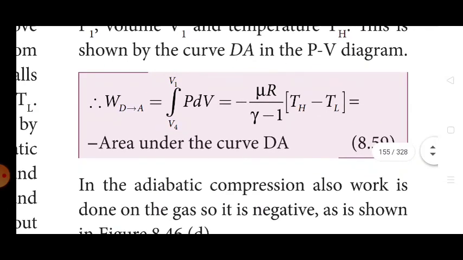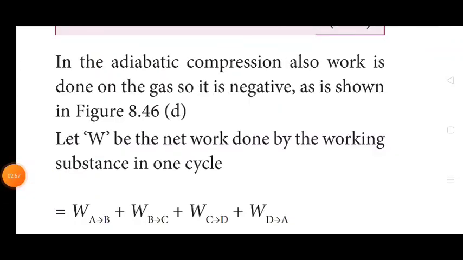So W D to A, the integral from V4 to V1 of PdV, is equal to minus mu R by gamma minus 1 times TH minus TL, which is equal to minus the area under the curve DA. In the adiabatic compression also work is done on the gas, so it is negative.